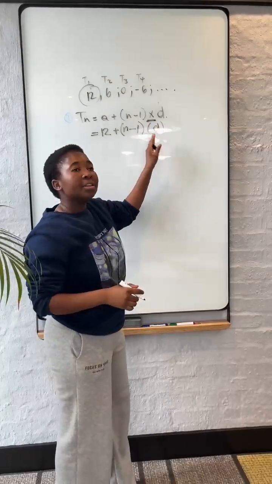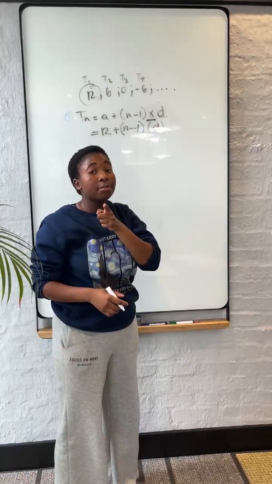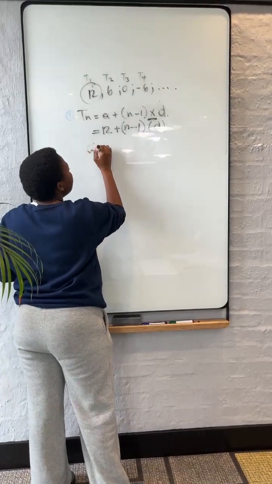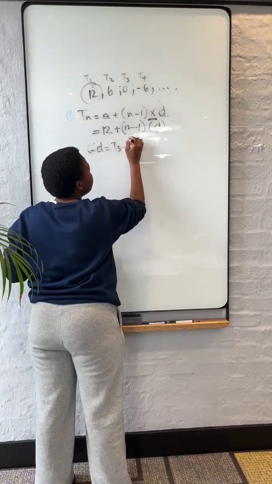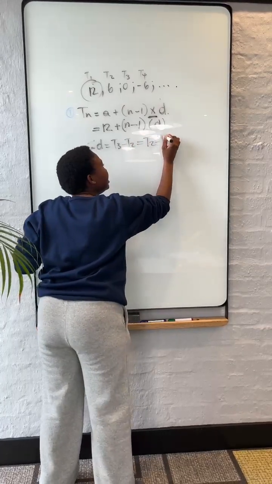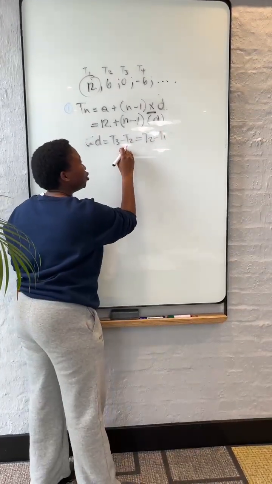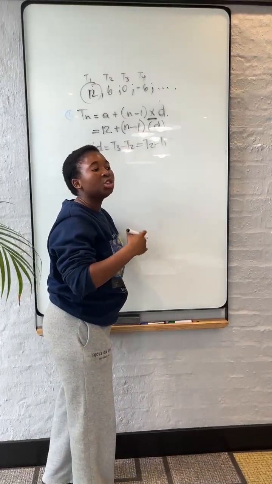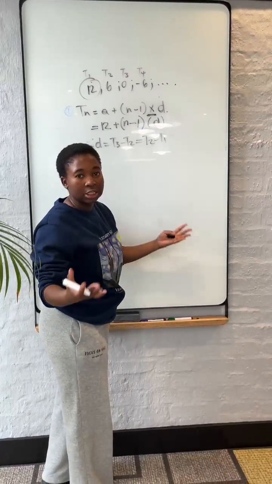Okay, we haven't calculated for D. I gave you the formula for D. D is equal to T3 minus T2 is equal to T2 minus T1. This should correspond, this should be equal to this, so that you can conclude that D is constant.